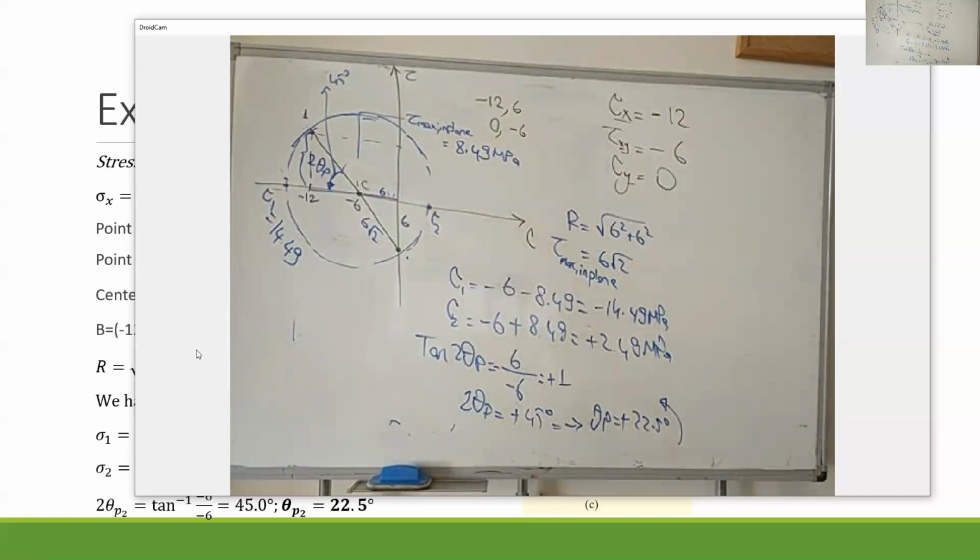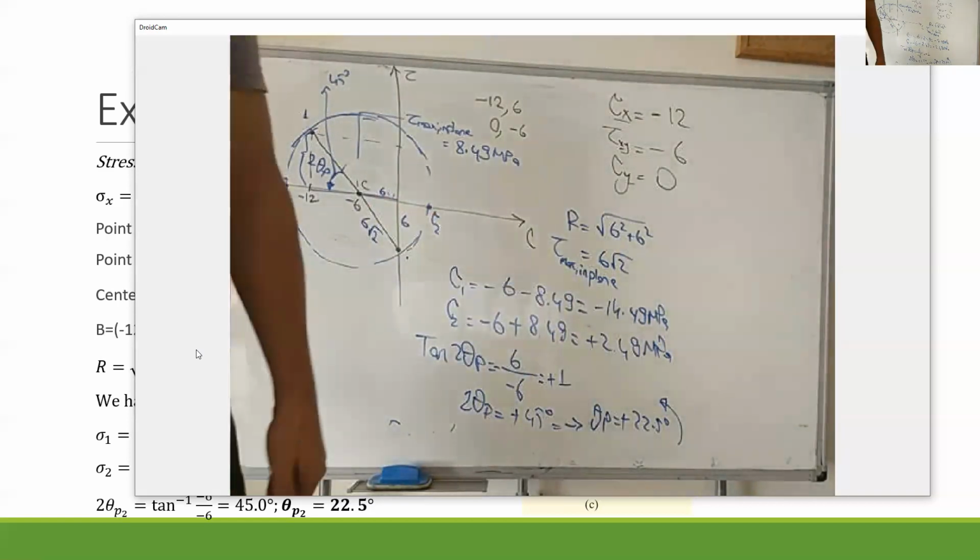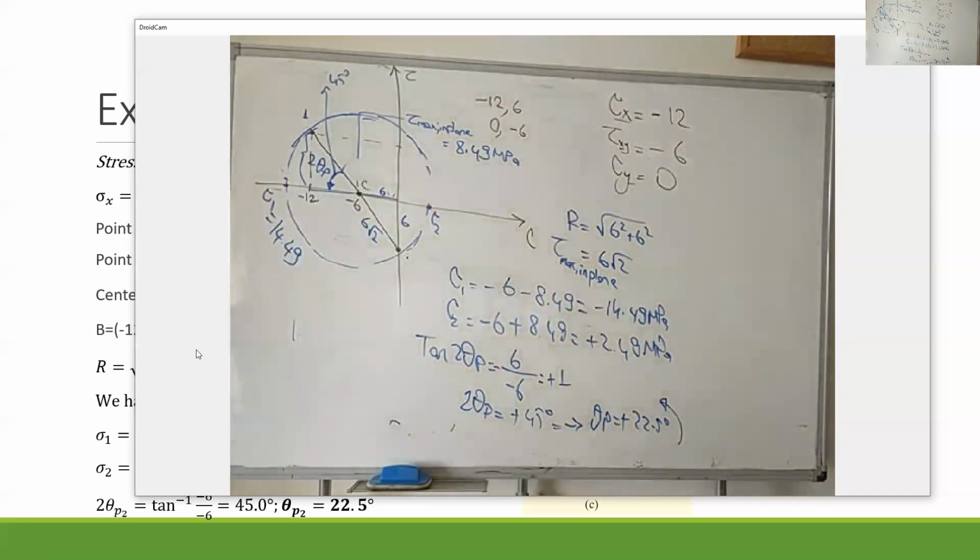By comparing the two methods, I think this strategy is much easier for you than the previous strategy, in my opinion. It's up to you. You can use both the formulation strategy and the Mohr circle strategy. For me, it doesn't matter. Just in the exam, I need to find principal stress and maximum in-plane shear stress.